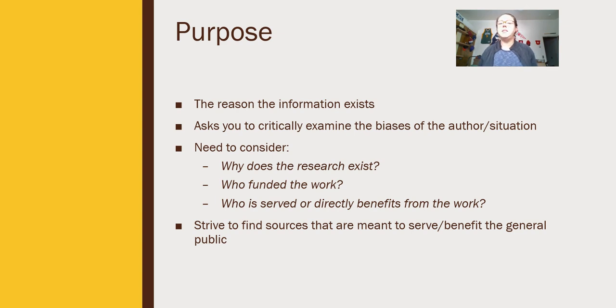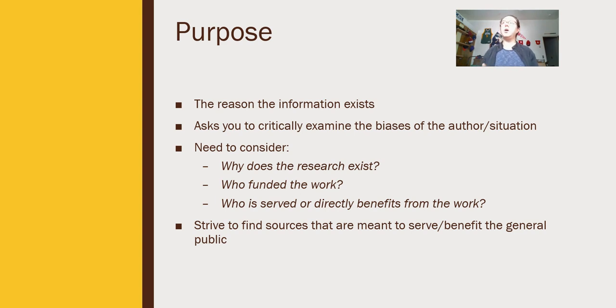it asks you to examine the biases of the author and the situation. This is going to be especially important for some of you. So, for example, if you are researching the impacts of opioids, you want to make sure that a pharmaceutical company was not the one funding that research.